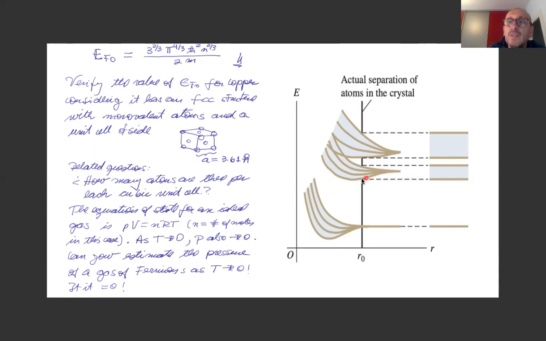So instead of having a single electron level for each one of the energy levels in an atom, in the case of a solid, at the equilibrium separation, the original state will have split into a region of possible values of energy.